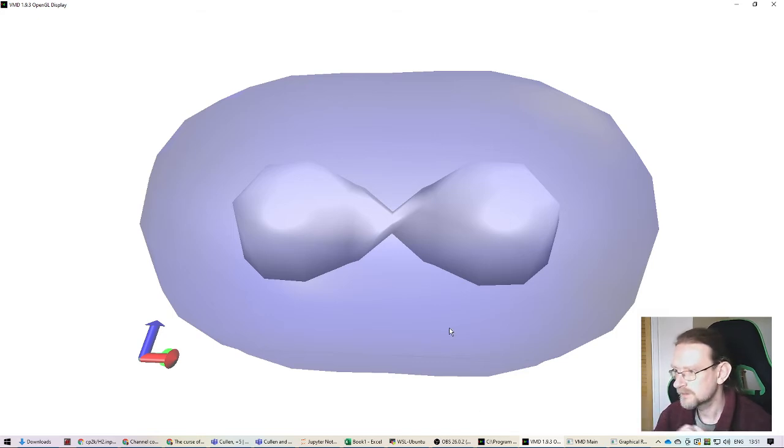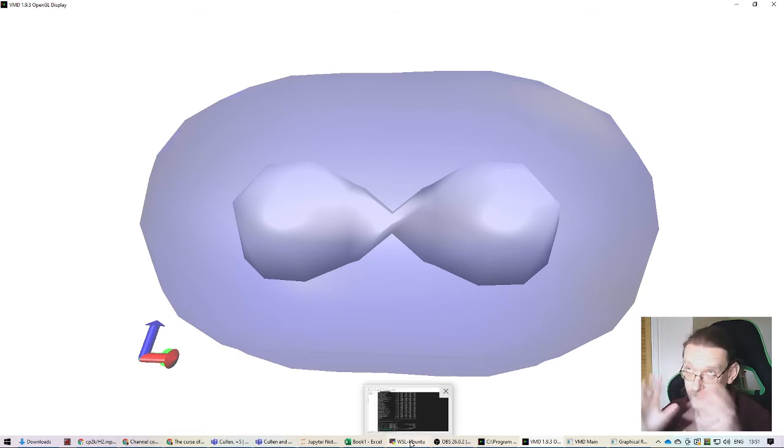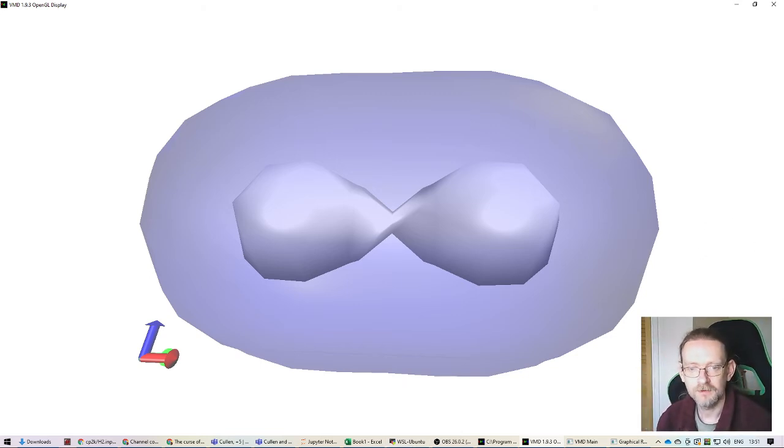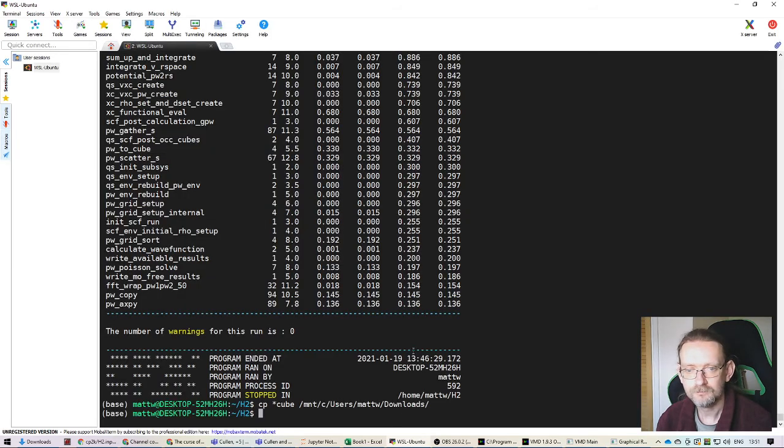You can actually go a little bit further. So that's the first ground state. We can get other solutions to the Schrödinger equation or Kohn-Sham equations that correspond to higher unoccupied energy levels in the system that, for instance, an electron scattering off the molecule would scatter into. It might just be worth doing that.